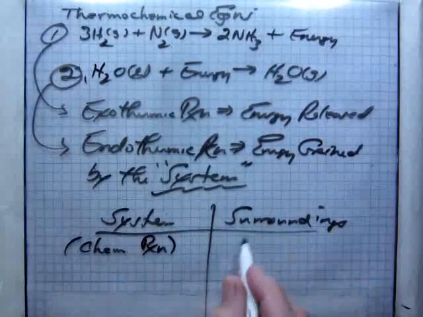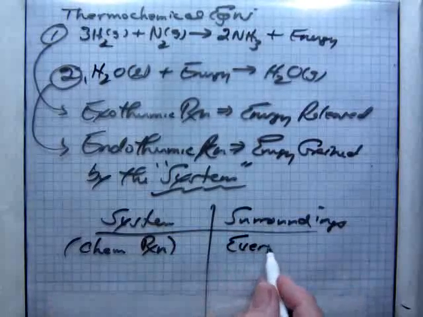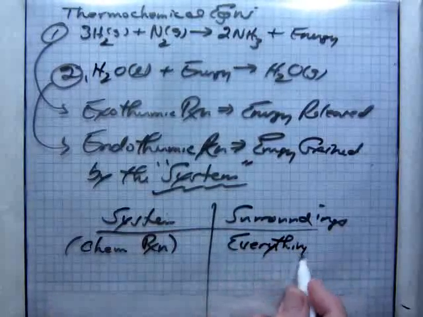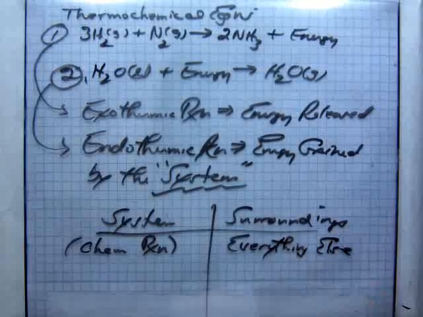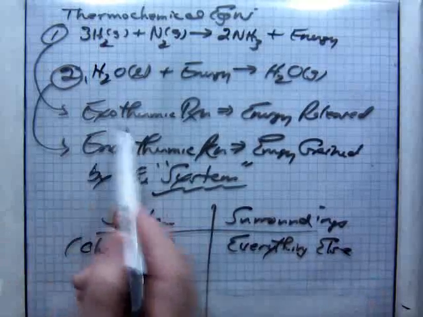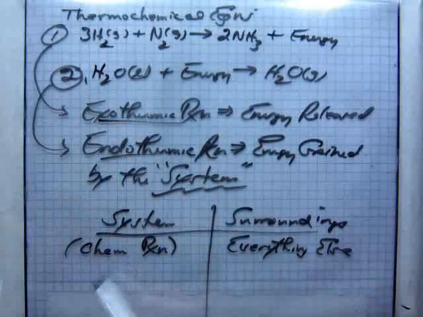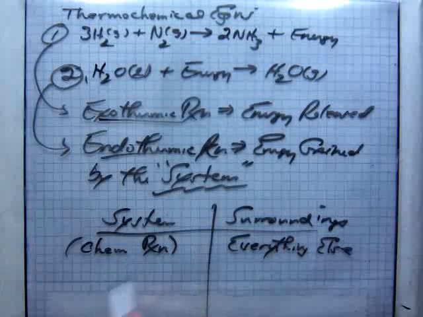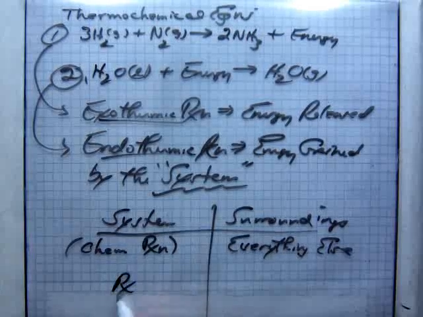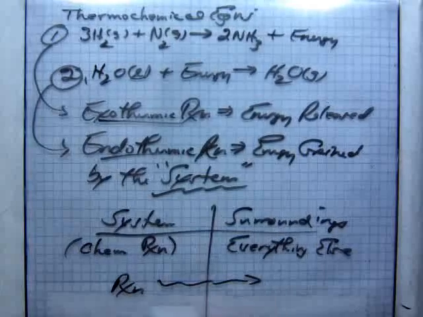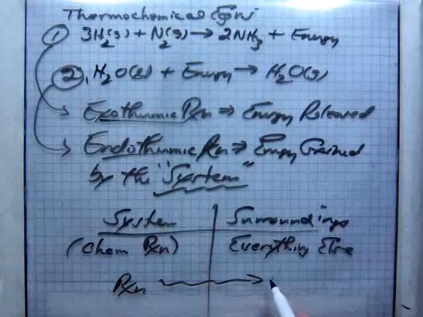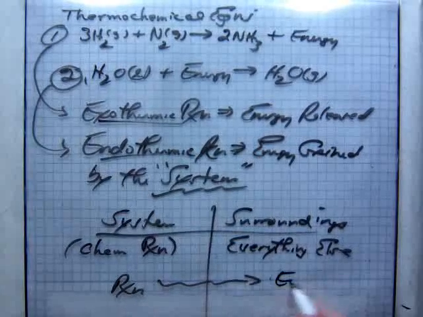And surroundings, everything else. So in the basic definition of endo and exothermic, it is with respect to the reaction. If you have a reaction over here and energy is flowing from the reaction to everything else, the surroundings, this is an exothermic reaction.